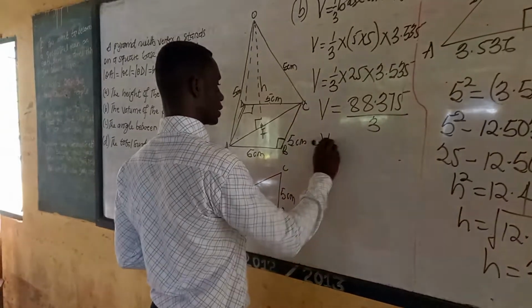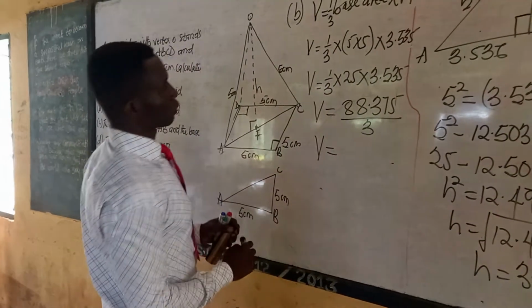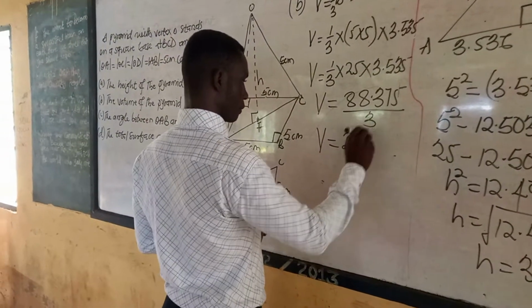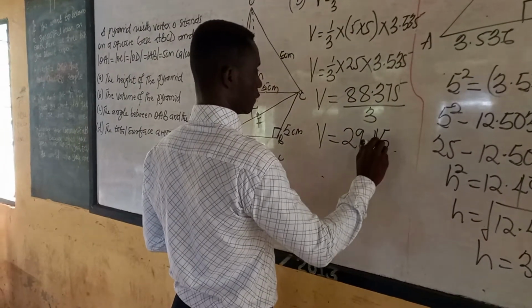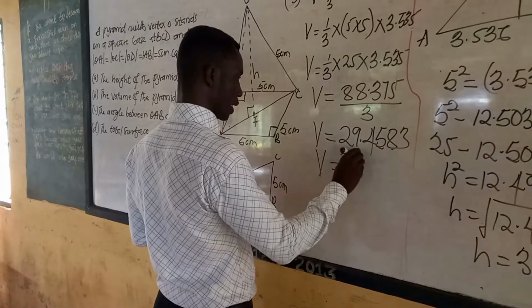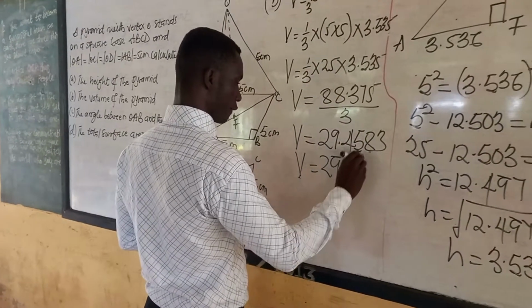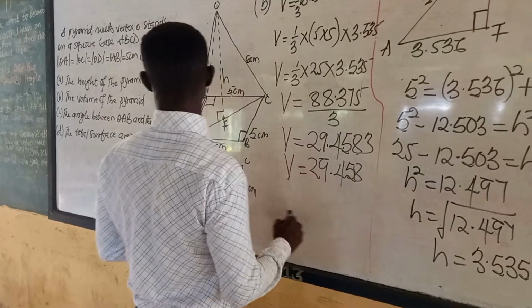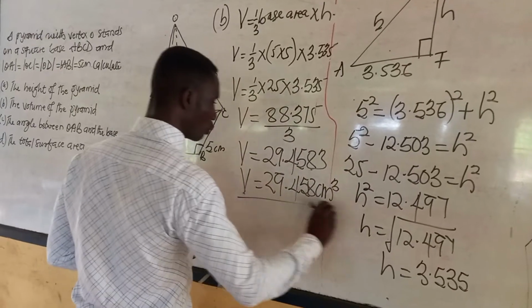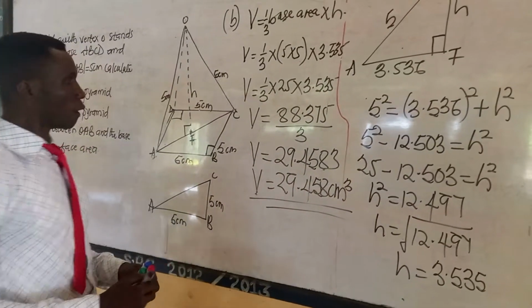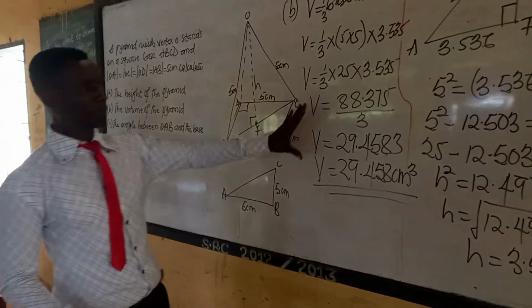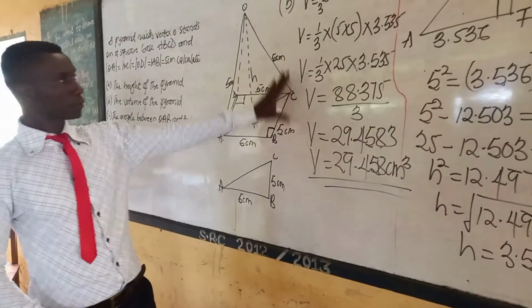Divided by 3, what do you get? 29.4583. So V is equal to 29.458. If it is centimeters, it should be what? Cubed, because it is volume. So this is the volume of the pyramid for B.